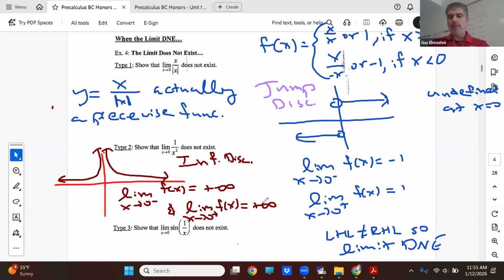Right. So in this case, even though they're approaching the same thing, the thing is at infinity, which is not a number. So it's still technically does not exist.